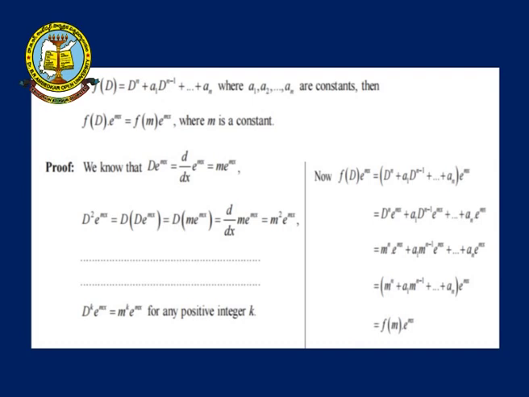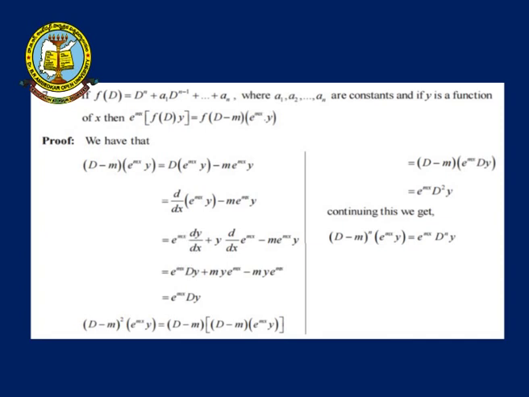It is not a direct substitution; we should treat each term separately. D squared means taking the derivative 2 times, D cube means 3 times, up to n times for each term. After that, whichever term e^(mx) we have, we take it common, so that we get the functional value f(m) e^(mx). This is property number 5, which is most important.